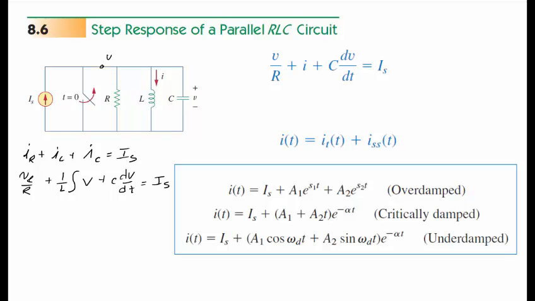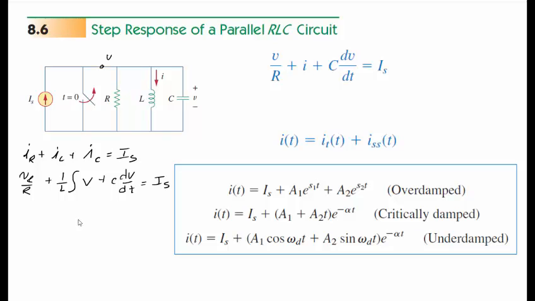So we want to see a current function because one, we know what I steady state is in this case because we're applying a current step. So we would really like to see it be a current solution, and I should have done this with the series case, but it's actually a pretty easy substitution to put in and you can see what happens.